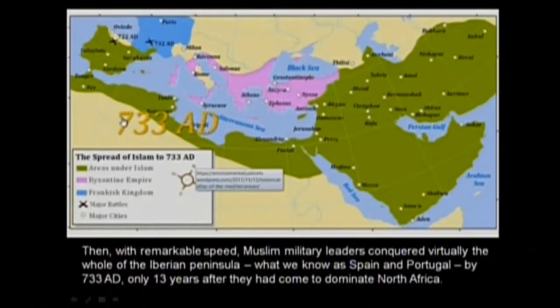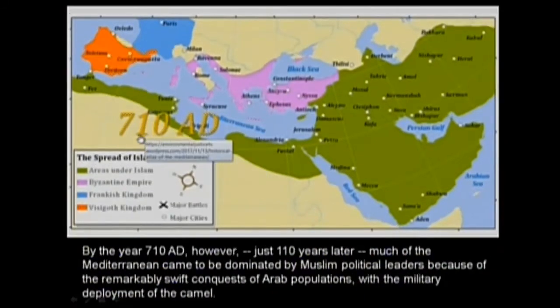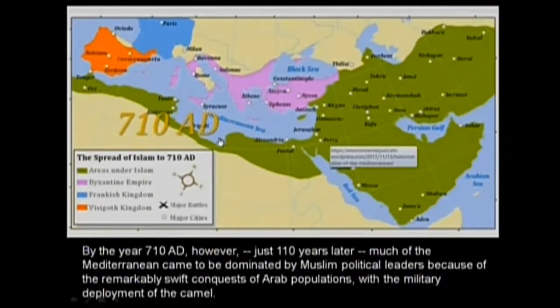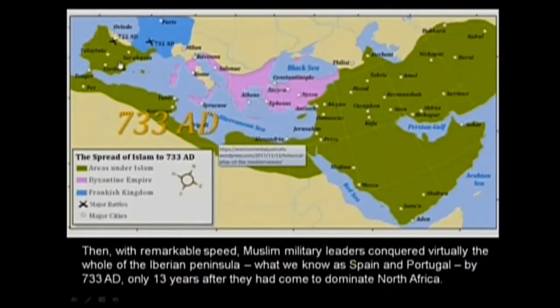And very quickly thereafter, from 710 to 733, now that's only, in effect, 23 years later, we've got not only the expansion of the green, but the intrusion of the green into the whole Iberian Peninsula, and in fact the control over what we call now Portuguese and Spanish territory. This is really quite extraordinary.